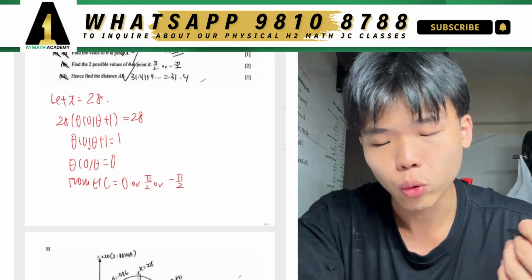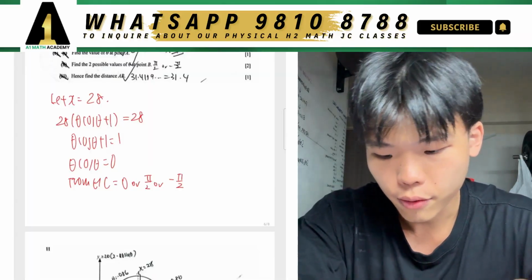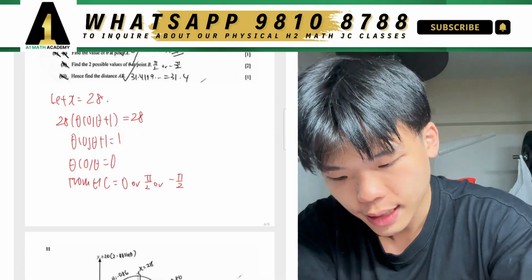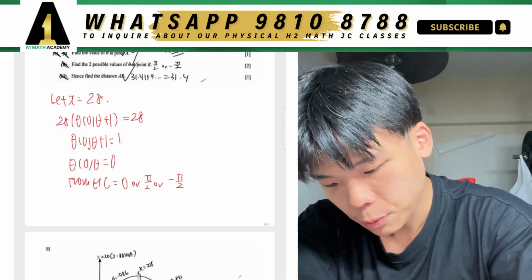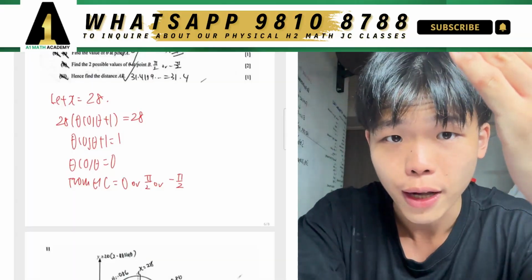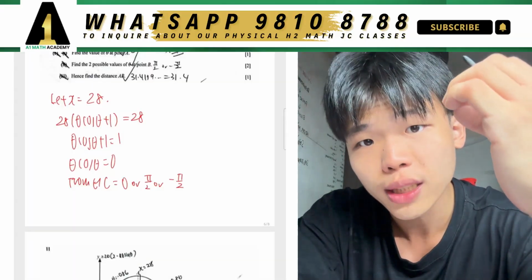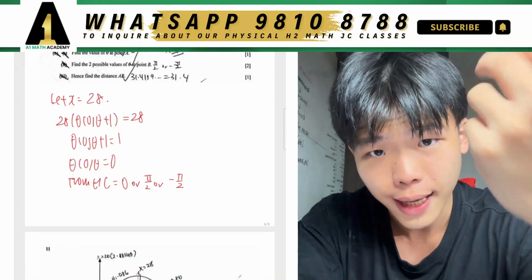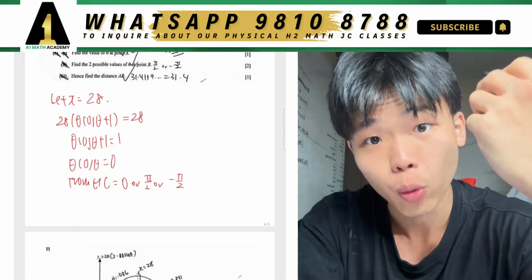But then of course there can only be one value of theta for A. The good thing about this question is that we have the diagram to help us visualize, and you can see that A over here is the maximum point. Which also means that out of the three values of theta, we should only pick the value that gives us the biggest possible y value.